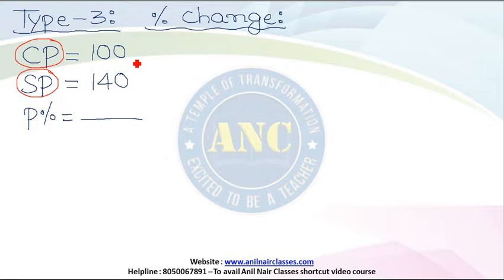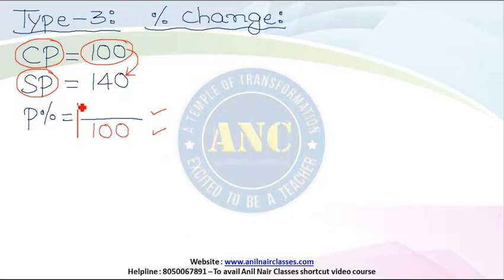That means, if I want to find the profit percentage, I have a numerator and I have a denominator. Please listen to this statement very carefully. Your denominator will always represent your initial value. Initially it was 100. Put that 100 in the denominator. Now what is the numerator then? 100 is becoming 140.